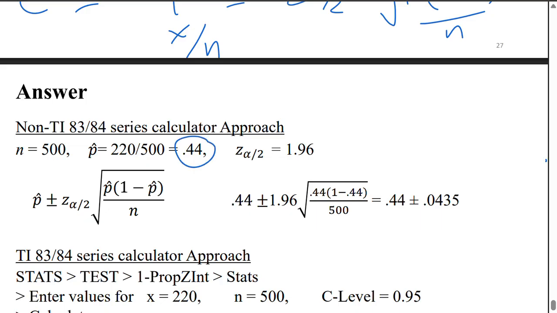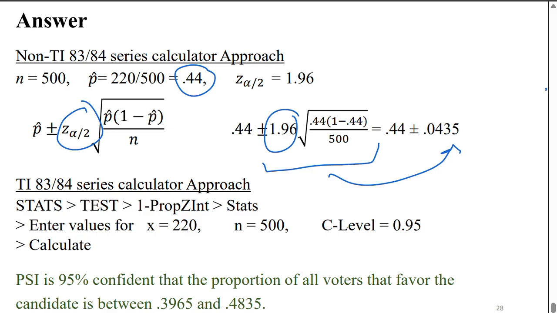For our margin of error, we will consider the Z alpha over 2, which is 1.96, times the square root of our sample proportion of 0.44 times 1 minus 0.44, over 500. So in this case, our margin of error will be equal to 0.0435. We will add and subtract it from our sample proportion, and that should give us our confidence interval.